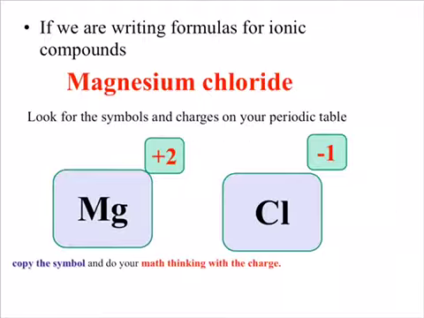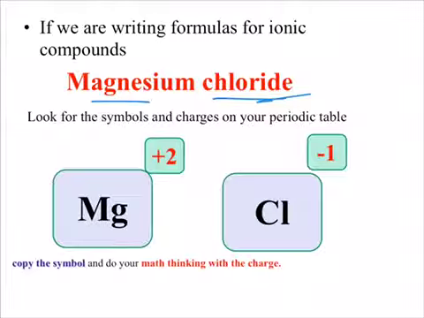Again, it's really easy to use the pattern that we're observing as a shortcut. If we're writing these formulas, we look up the elements that are involved in a compound like magnesium chloride. Magnesium is a +2. Chloride comes from chlorine, which is a -1.